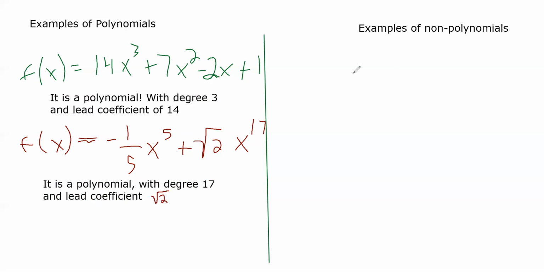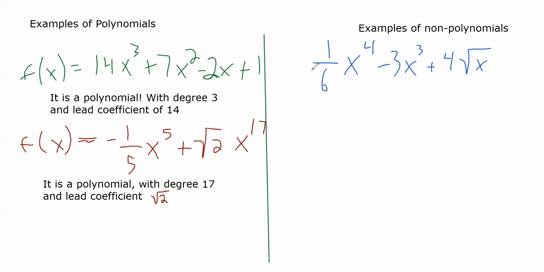So in that case, let's look at a couple examples of non-polynomials. They may still be functions, but these are not going to be polynomials. 1/6 x to the 4th, that doesn't bother me so much. Minus 3x cubed, everything's looking okay so far, plus 4 square roots of x.